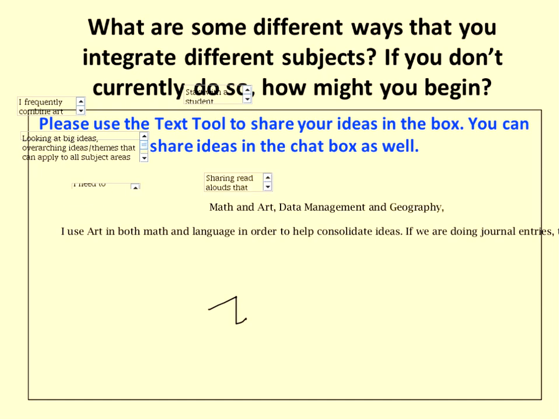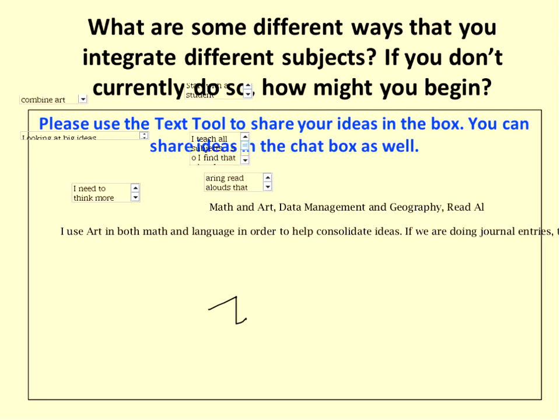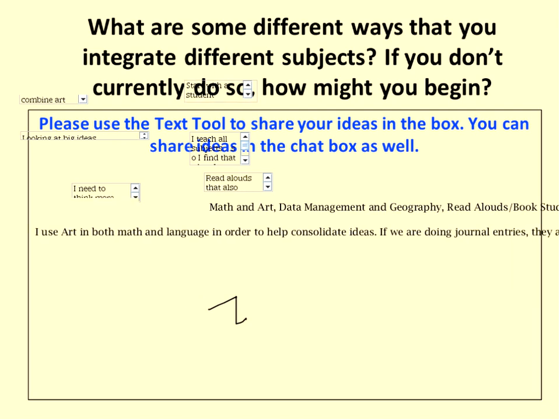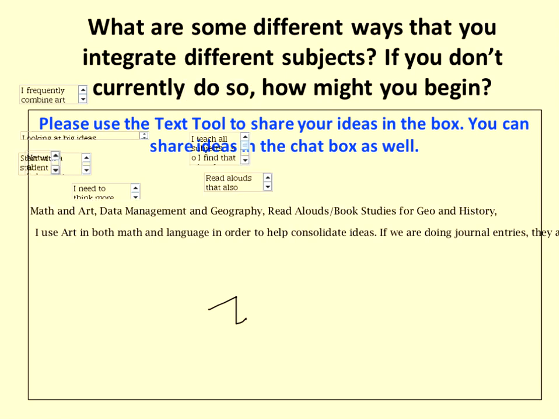Consolidate ideas. Stephanie, your phys ed and math comment is really interesting. I'd be interested in knowing what you do to combine those two areas.